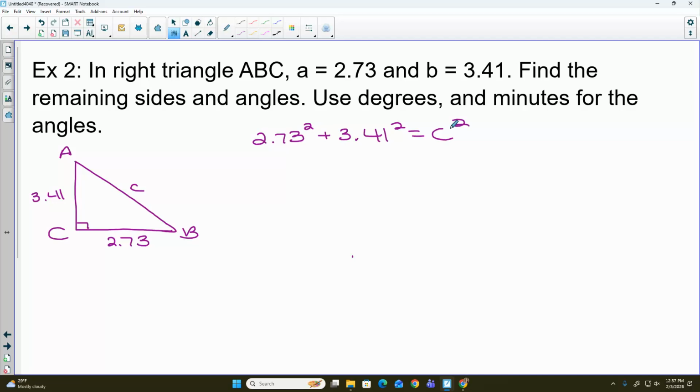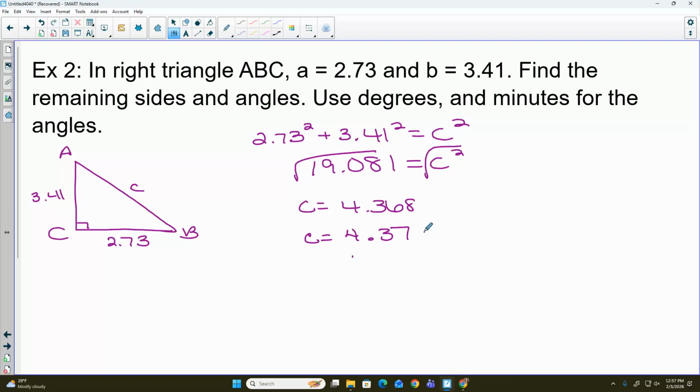So if I type in my calculator, 2.73 squared plus 3.41 squared, and we square root, we don't have to worry about plus or minus, we're dealing with all positive sides here. How many significant digits do we need? 3, so I would call this 4.37, and I didn't give any units here.